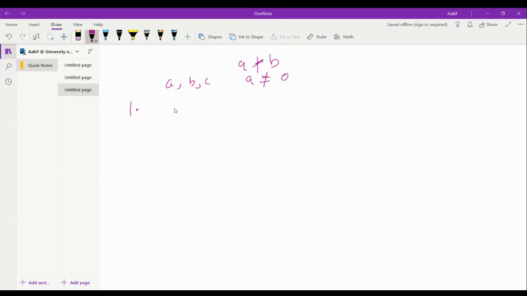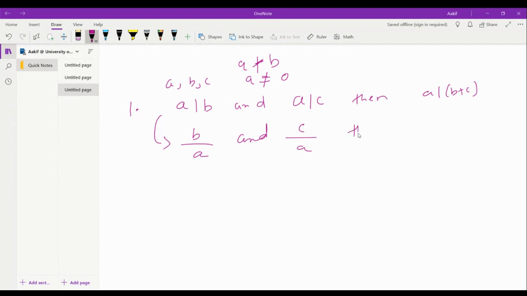What the theorem states is if A divides B and at the same time A divides C, then A will divide B plus C. In other words, if B is divisible by A and C is divisible by A, then B plus C is divisible by A.